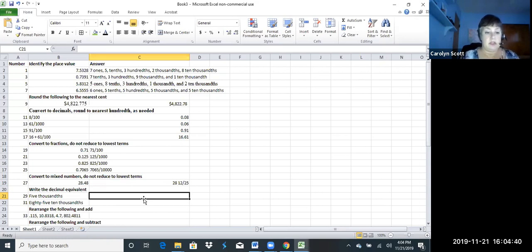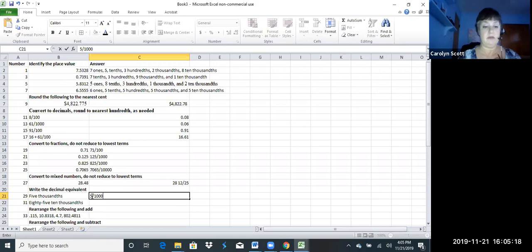So write the decimal equivalent, 5 thousandths. So the fraction equivalent of 5 thousandths is 5 over 1000. Now, based on what we know, since there are 3 zeros in 1,000, we need to move our decimal from its rightful place, to the right of the whole number 5, and we need to move it over 3 places.